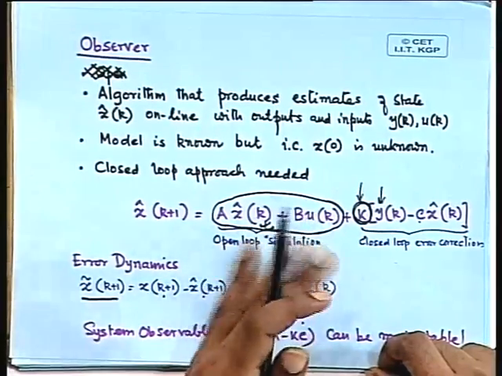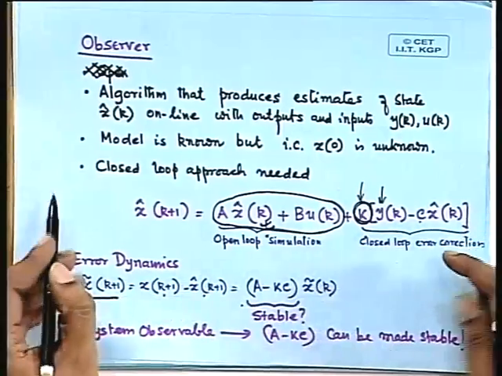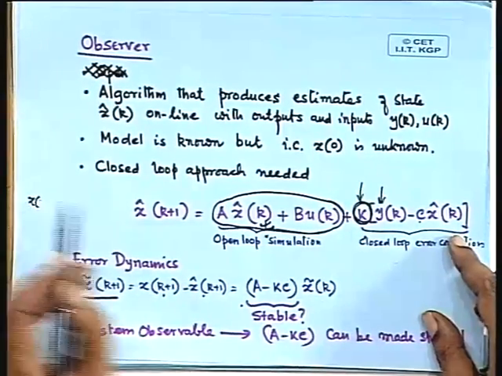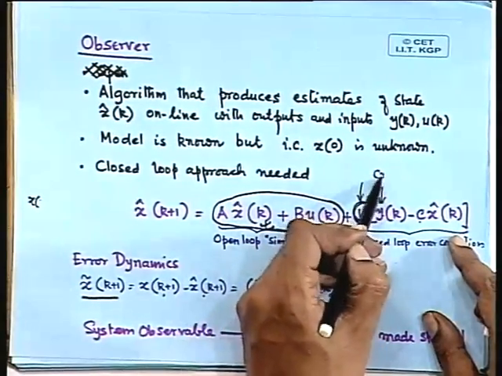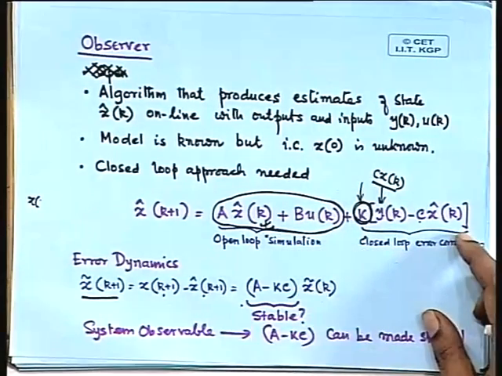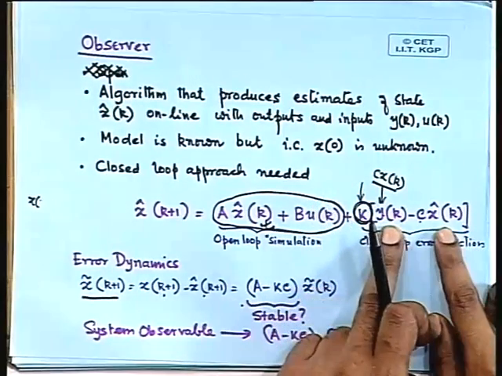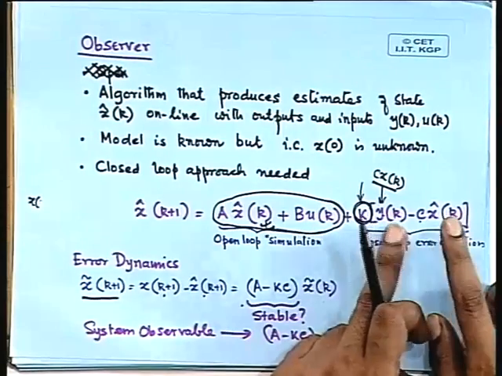B u term will get cancelled. Why? First of all, note that this is C x k. So then this term is actually k C into x k minus x hat k. So it is k C into x tilde k, this term.